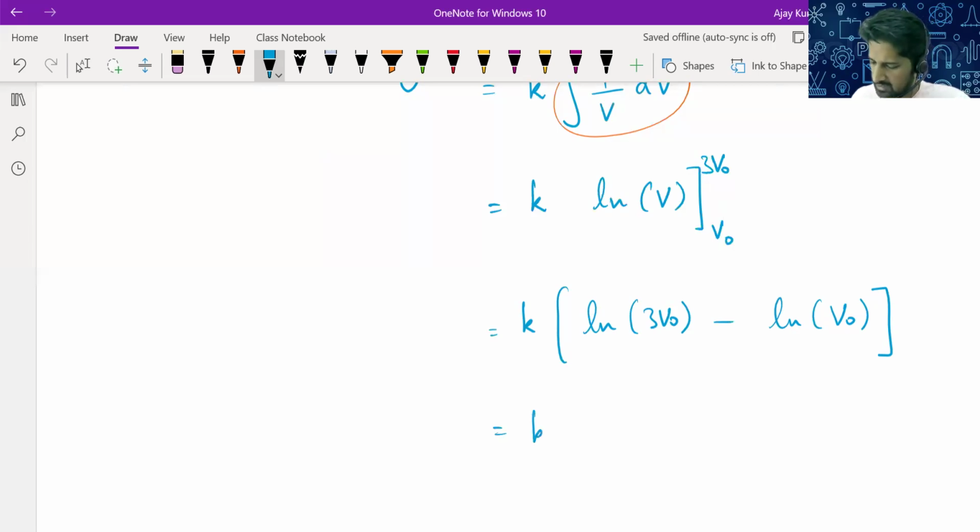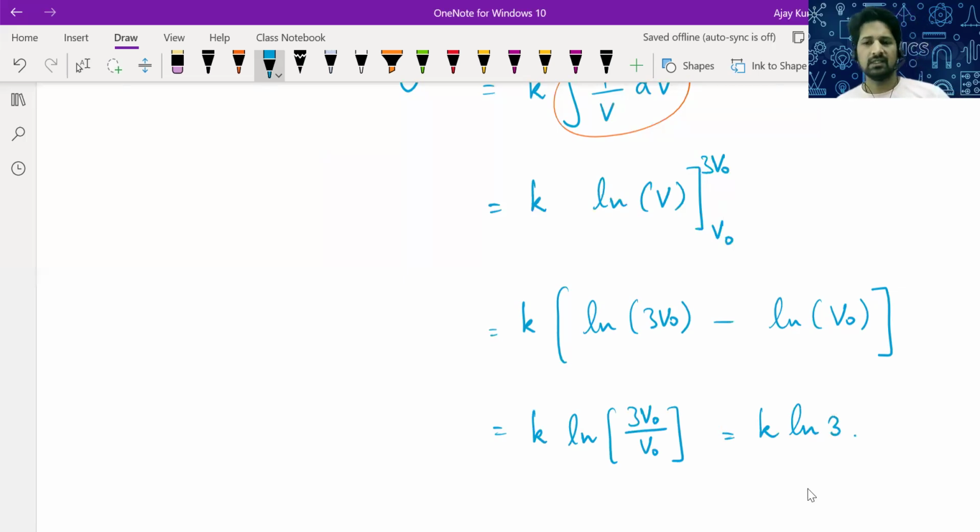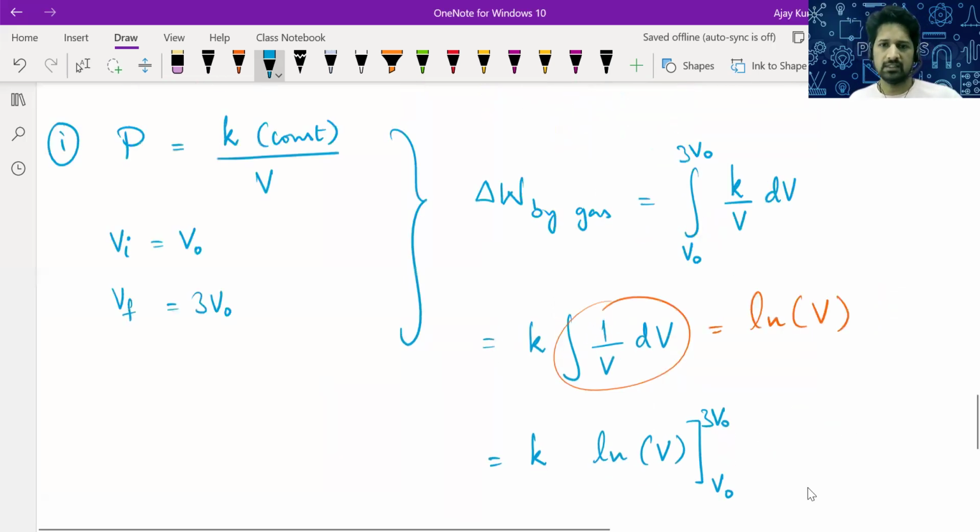So this becomes k times ln of 3V naught divided by V naught. So the answer is k ln 3. That is the amount of work done by the gas in this process. Some of you may not have known this integral, but integral 1 by V dV is ln V.